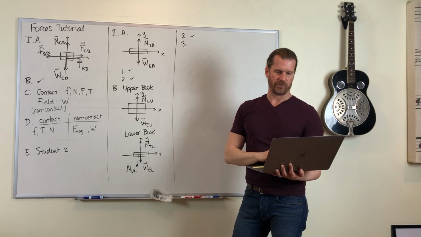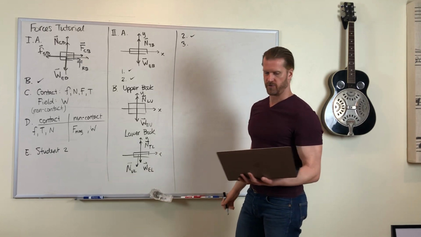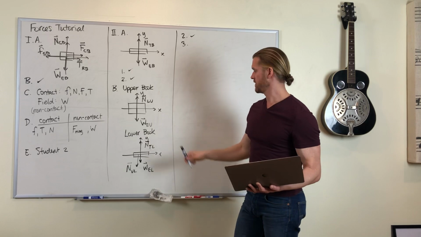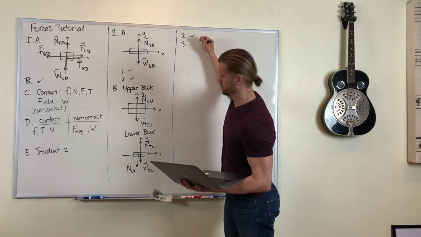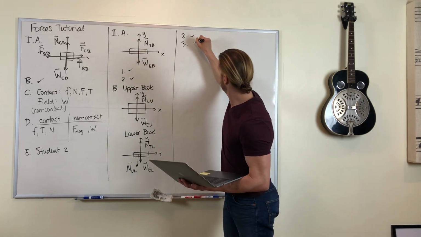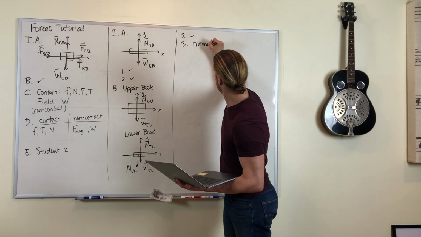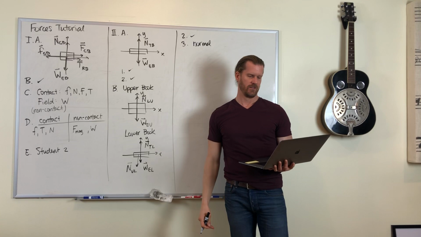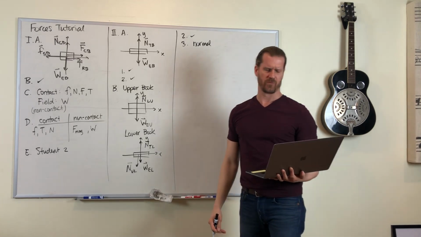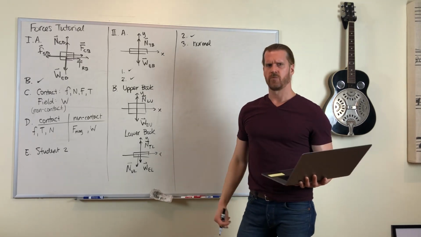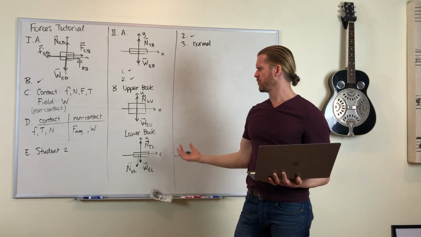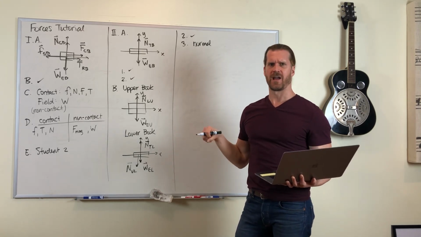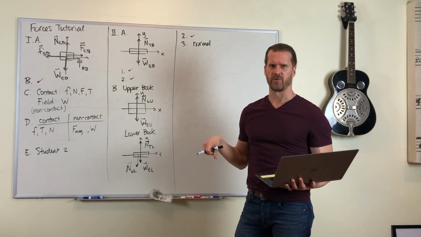What type of force does the upper book exert on the lower book? Well, we discussed that. It is a normal force. And it would be incorrect to say that the weight of the upper book acts on the lower book, because that would mean that we're considering the gravity force between the upper book and the lower book.